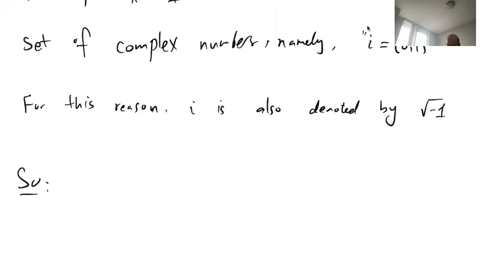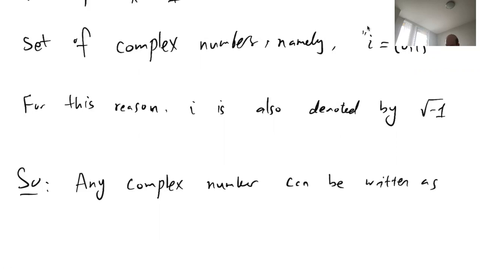So we can say that any complex number can be written as z equals alpha plus i beta. Usually the letter that we use for complex numbers is z.